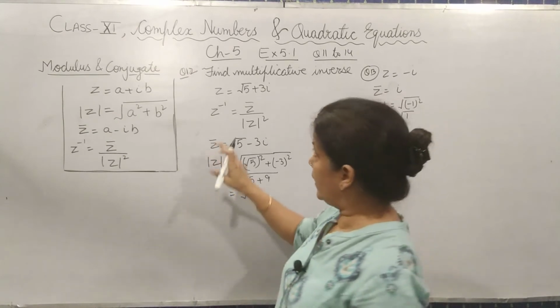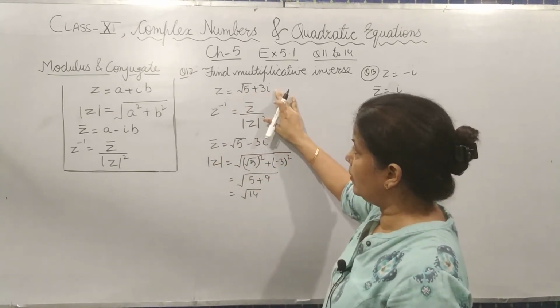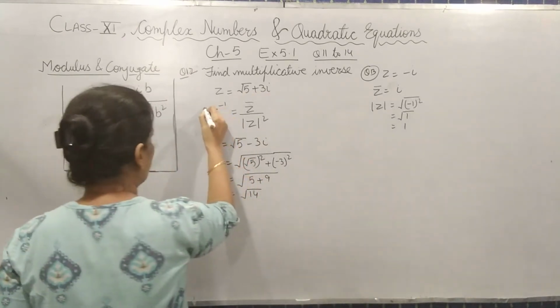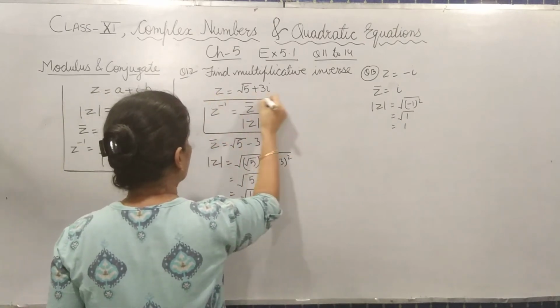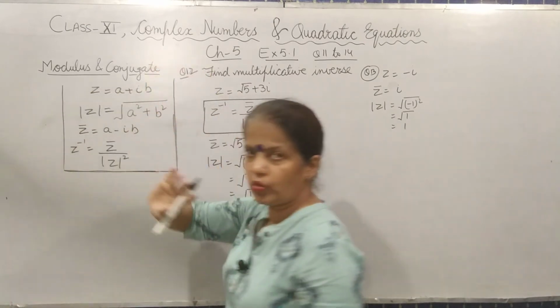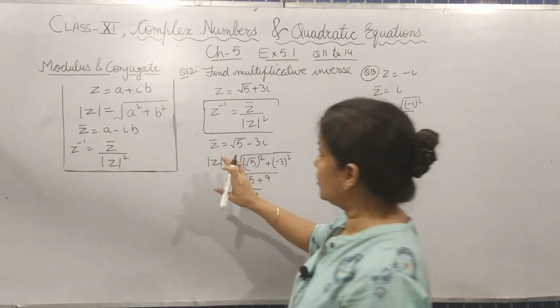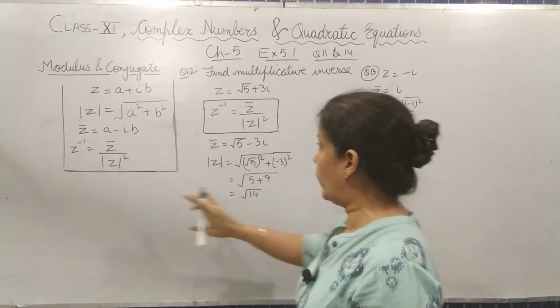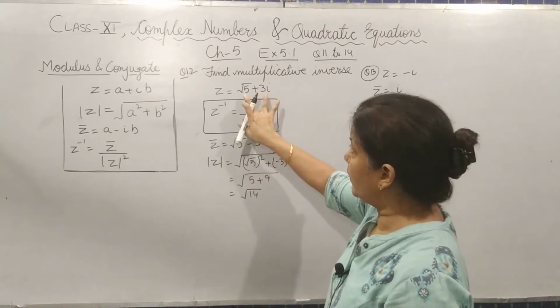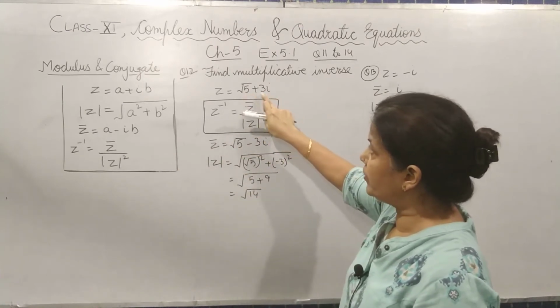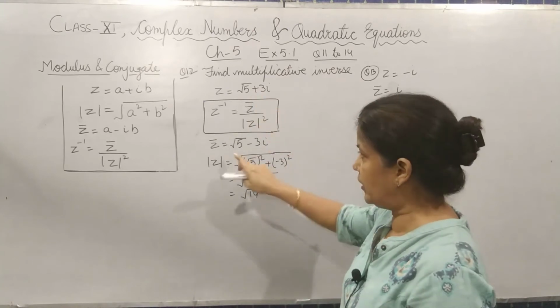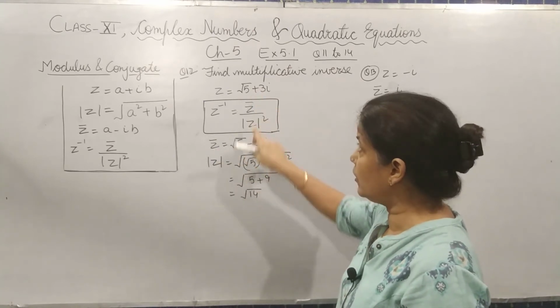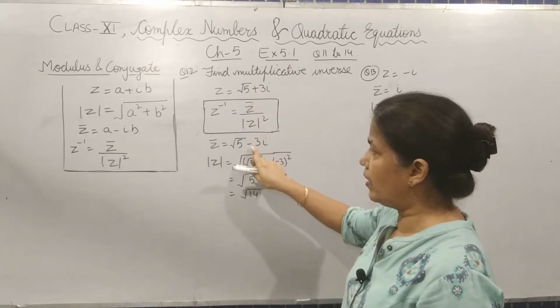In question 12, this is the complex number. Now apply the formula. As I have told in the previous question, you can apply any method, so I am taking the method related to the formula. Z bar: between real and imaginary numbers, the sign will get changed, so the plus will become minus.